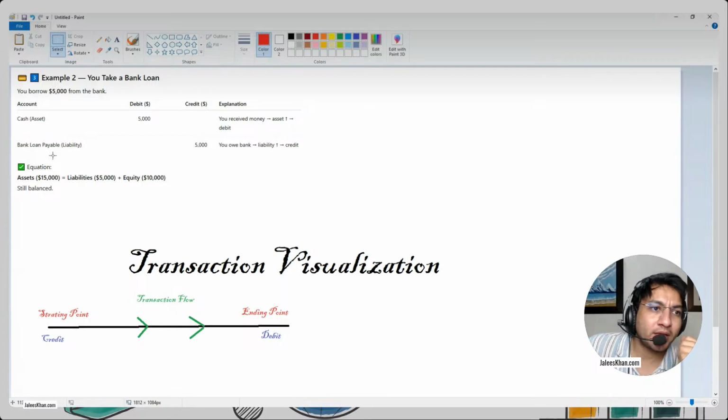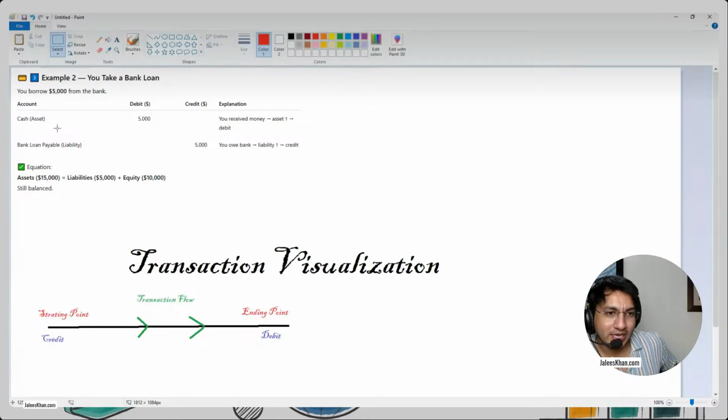Now, if our business has increased by 5,000 but the equity remains the same, then the question is where that money comes from. That increment happened because we borrowed the money, and this is not our money.